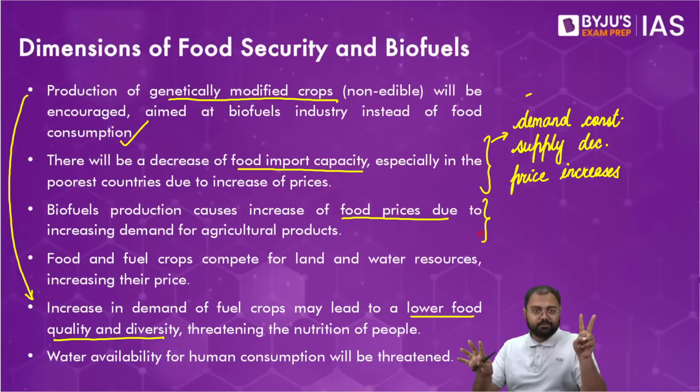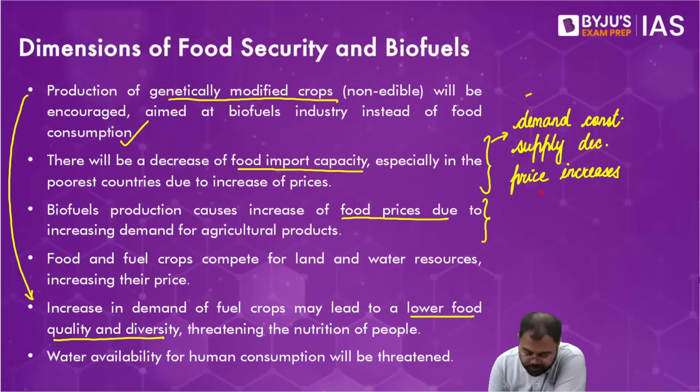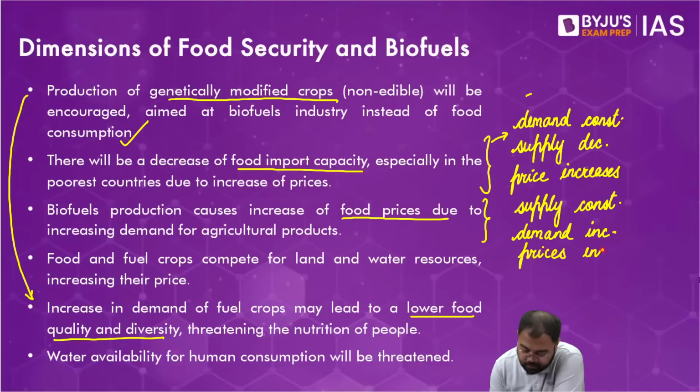Production has remained fairly constant. So in the second scenario, what's happening is that supply is constant, demand increases, hence the prices will also increase. So that's another scenario that we are looking at.